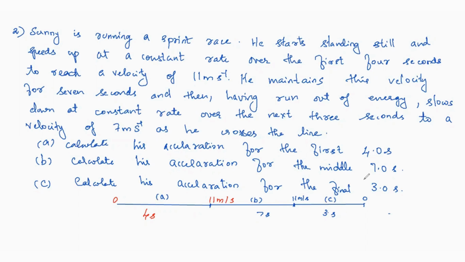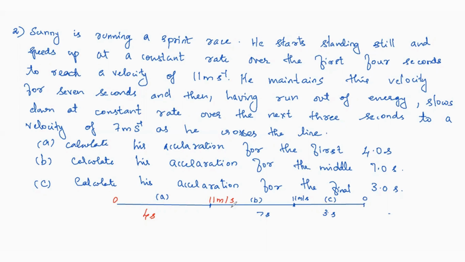So let us do the calculation. Hope you have understood it. In this first part, the initial velocity was 0, or he started from rest, and he reached a final velocity of 11 meters per second.